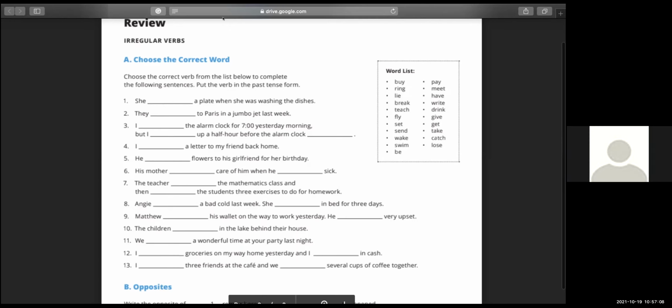The teacher blank the mathematics class and then blank the students 3 exercises to do for homework.